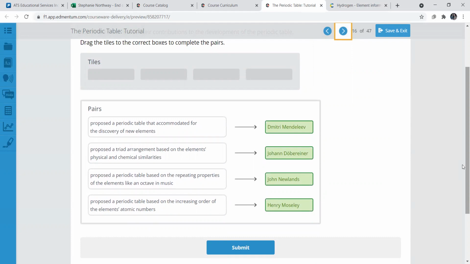John Newlands proposed a periodic table based on the repeating properties of the elements, like an octave in music. And Henry Moseley proposed a periodic table based on the increasing order of the elements' atomic numbers. So they all kind of have a similar idea of what's going on.